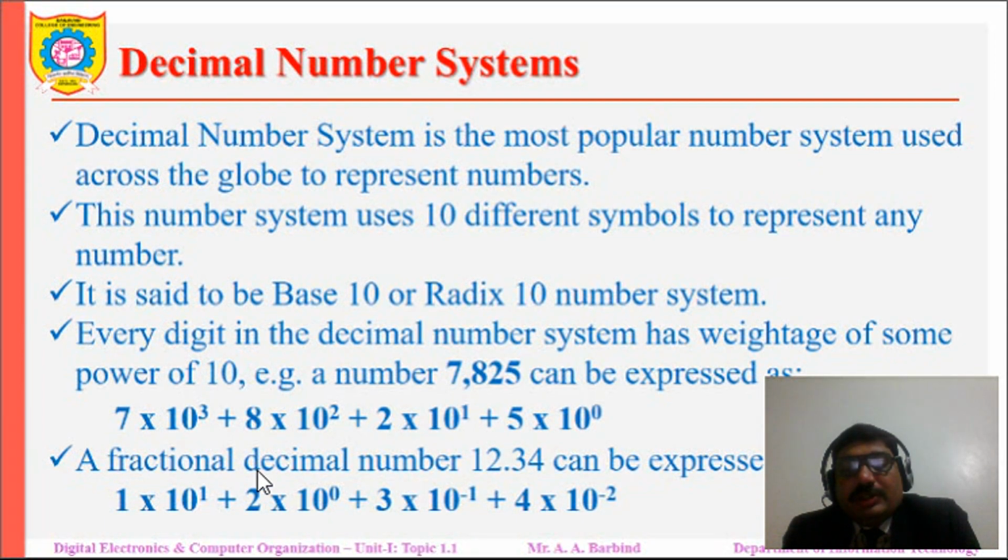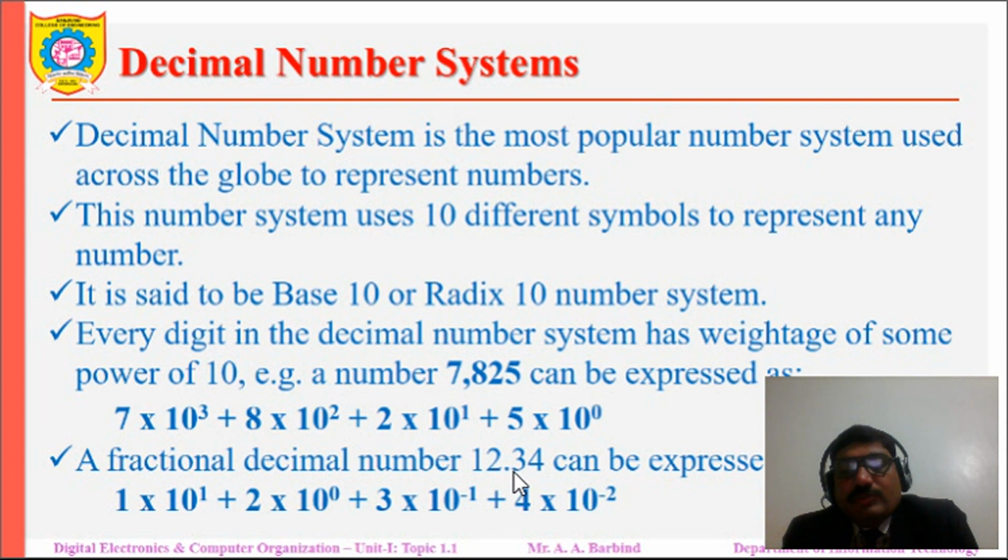Even if we consider fractional decimal numbers, let us say 12.34, it can be expressed as 1 into 10 to the power 1, plus 2 into 10 to the power 0, plus 3 into 10 to the power minus 1.